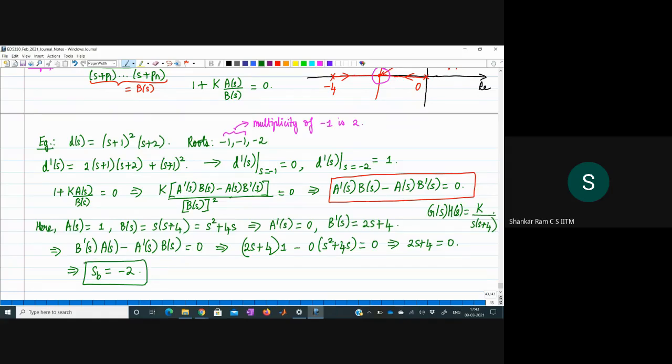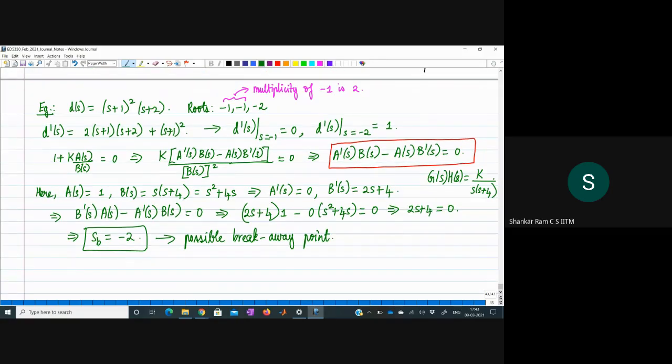Why do I call it a potential breakaway point? It is only a possibility. We have to do one more check, which I will explain shortly, because we need to check the value of k at this solution.